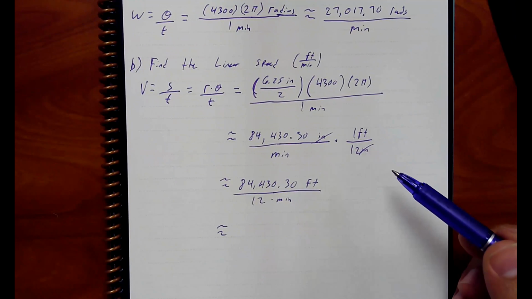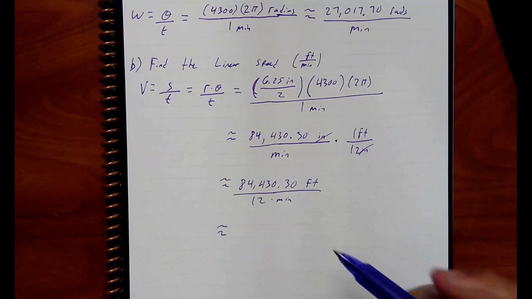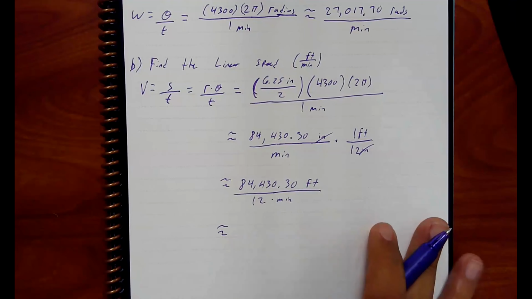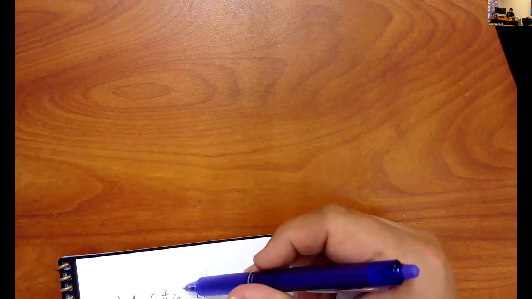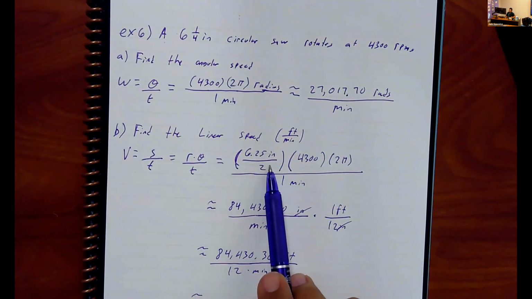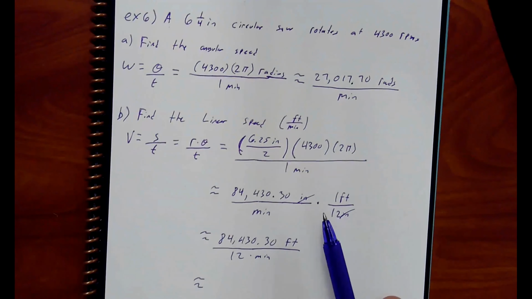Yeah. But I have a question for the formula, the 6.25 inches over the 2, where does the 2 come from? Because this is a diameter. The blade diameter. So I need to get the radius. So I use this. Okay, I got it.